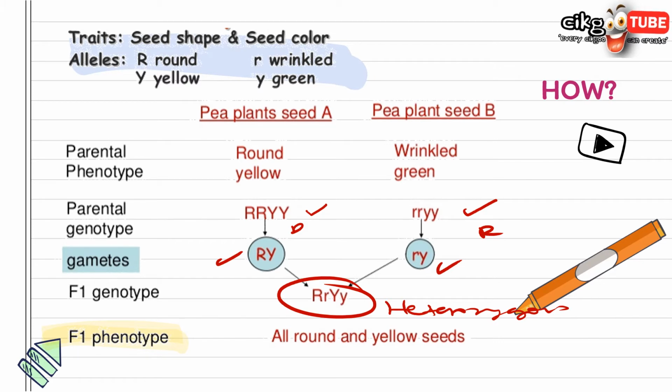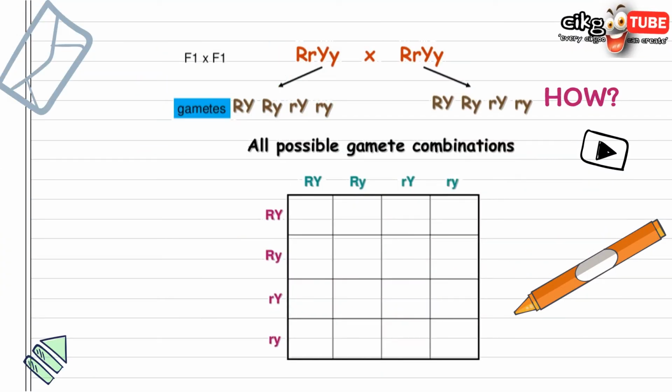Heterozygous. So these are the possible gametes after we self-pollinate the F1 generation. So you will get R and Y over here, and this one over here. Same goes with this, R and Y, both characteristics.